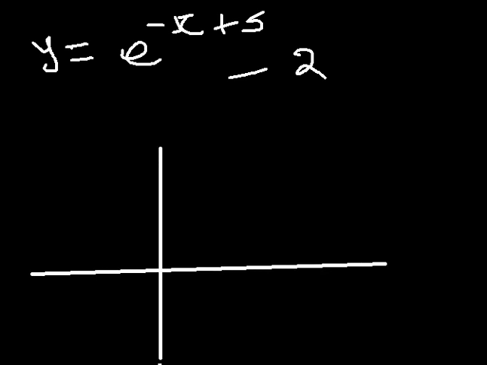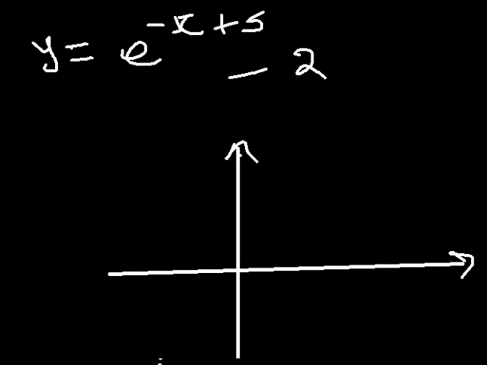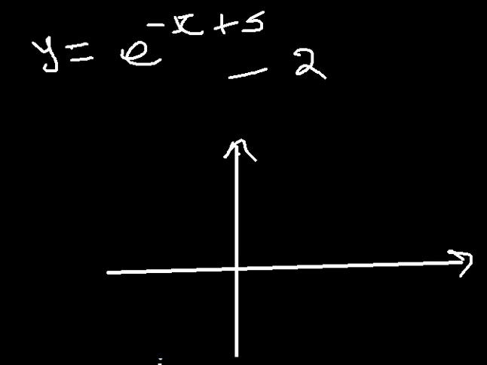Let's appreciate how the graph will be sketched. The graph is translated along the x-axis 5 steps towards the left. Let's say this is where 5 is, given as negative 5.